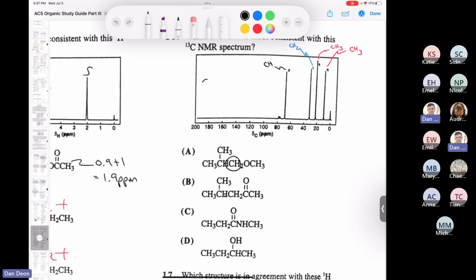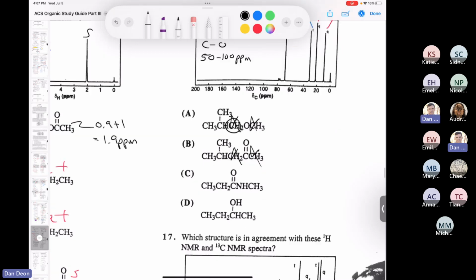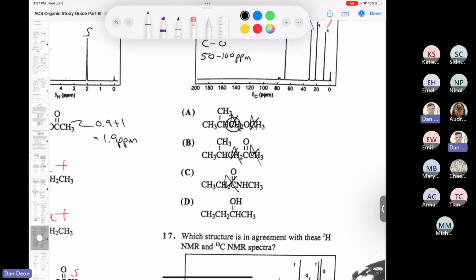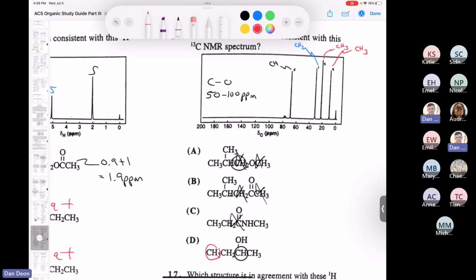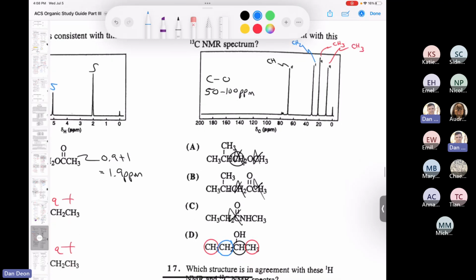And we know that if you have a carbon that's attached to oxygen, that's going to show up between 50 and 100 parts per million. So that means we have to have a methine attached to oxygen. Well, we don't have it in this compound, and we don't have it here either. We don't have it in this compound, but in this one, we do have it, don't we? We have the methine that's attached to an oxygen. We have two methyl groups, right? And then we have a methylene. There we go. And that seems to make the most sense by far out of any of these compounds.